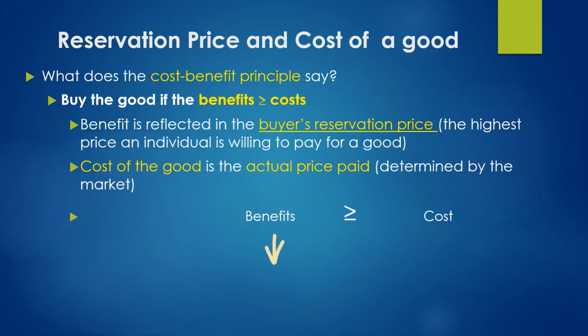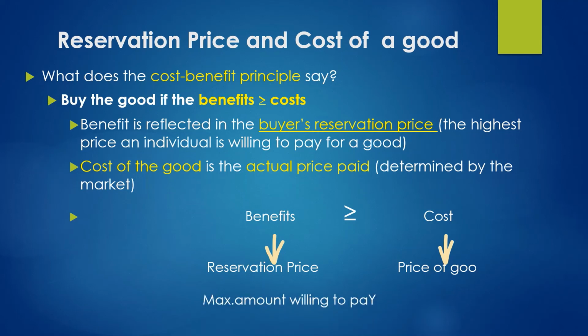Benefits can be defined by the reservation price, which is the maximum price which a buyer is willing to pay, and the cost is just the actual price which you are paying. So there is a question now: reservation price is also a price and the price of a good is also a price. So how can we make a difference between them?